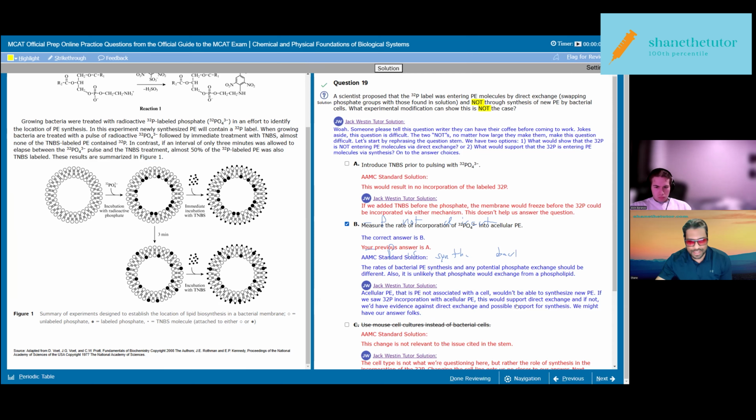It means that this can't happen. It can't be synthesized from bacteria. So whatever change in rate of incorporation of the radioactive phosphate would tell you that it's happening directly, I guess.